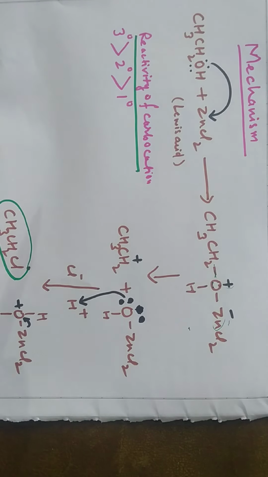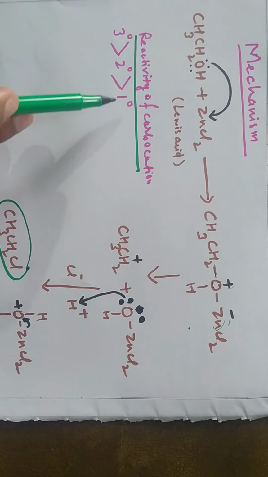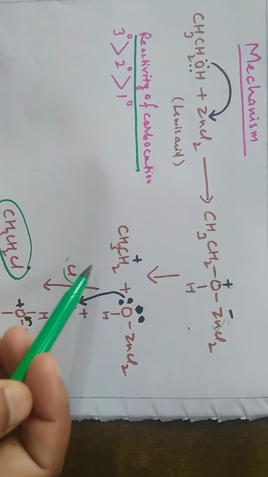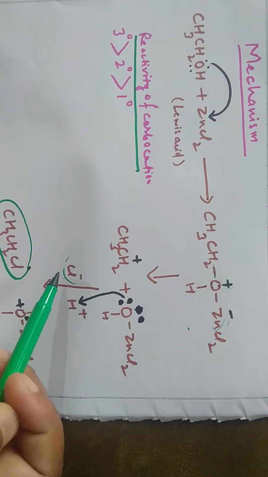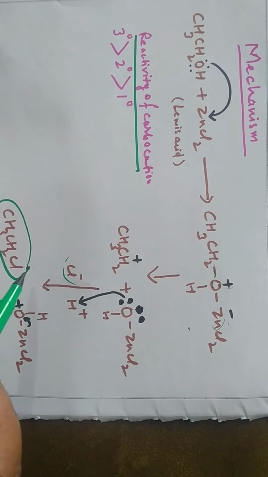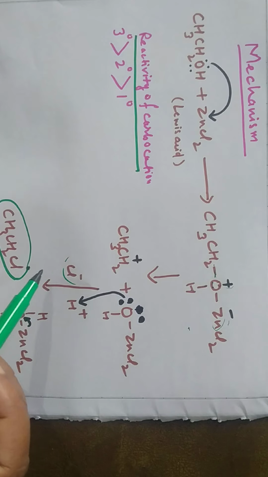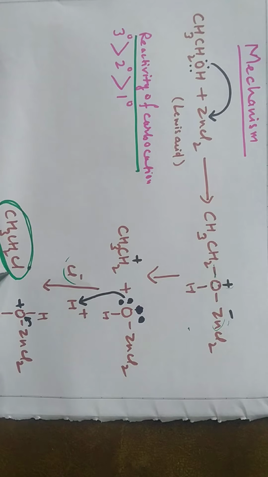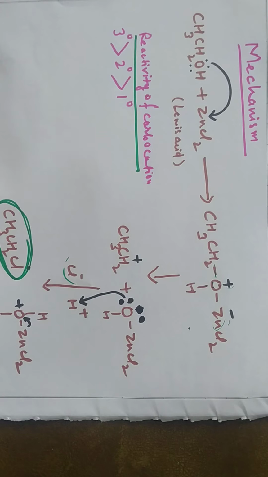So it depends on the nature of the carbocation that is formed. If tertiary carbocation is there, it will react to form the chloride immediately. Now as this alkyl chloride is formed, a white precipitate will appear, and this indicates the nature of the alcohol.